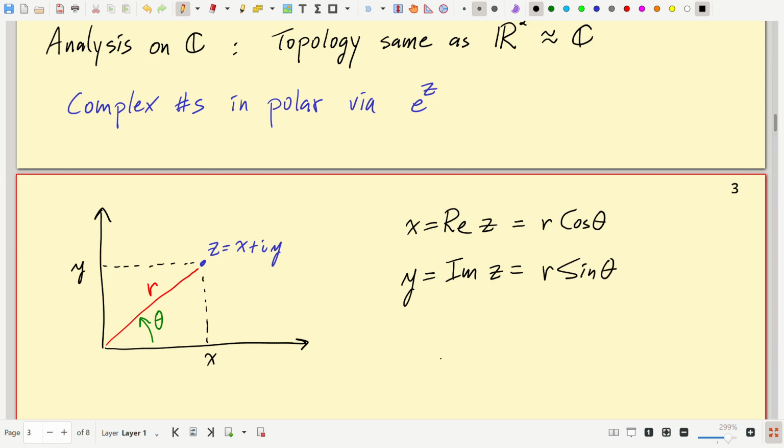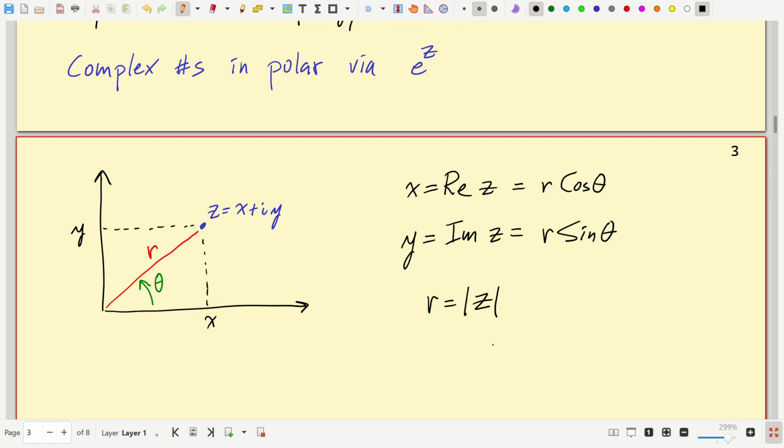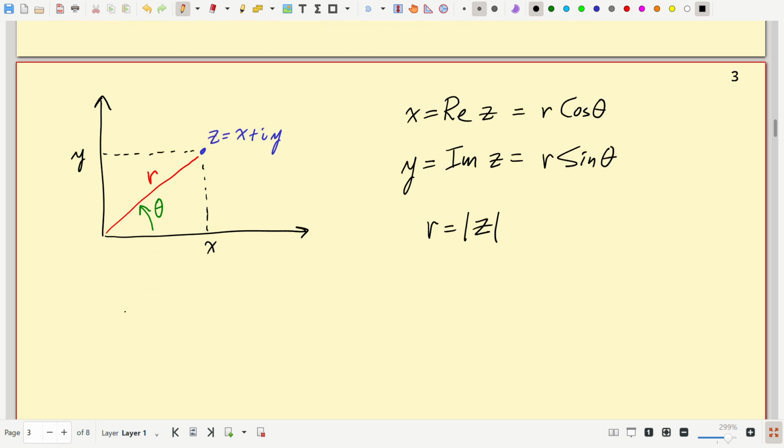And r is equal to the modulus. So if I write in polar form, z is x plus iy, that would be r cosine theta plus i times r sine theta. And aha, there's the complex exponential showing up. That's r times e to the i theta.